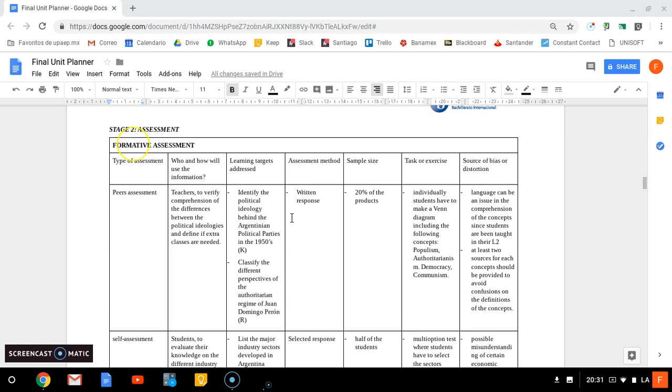Once you have the type of assessment, who and how will use the information, and you have linked the learning target with the assessment method, then you have to think about the sample size. How much evidence you will need to determine if the assessment was giving you the information you needed. And then the explanation of the task or exercise you will ask your students to do.